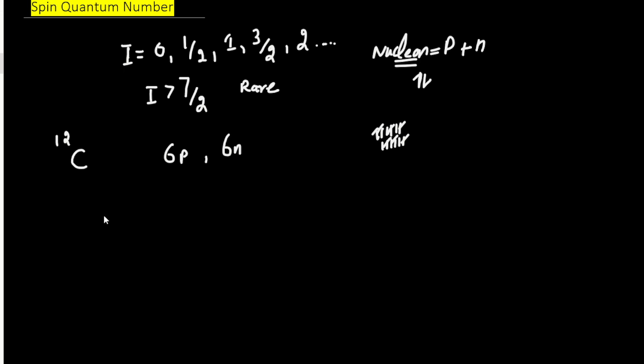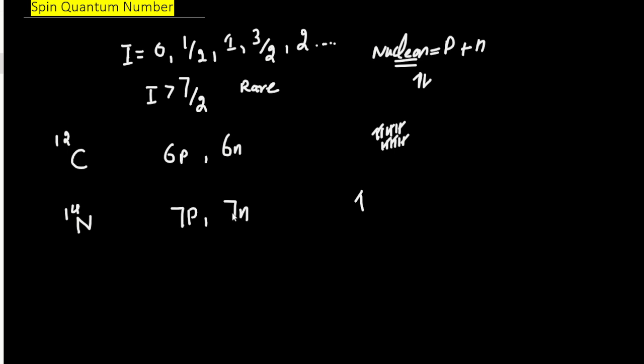So let's take another example in which we will use an odd number of neutrons and protons, like nitrogen 14. Nitrogen 14 has 7 protons and 7 neutrons. Of these 7 protons, 6 are paired up, and there is 1 proton which is not paired up.